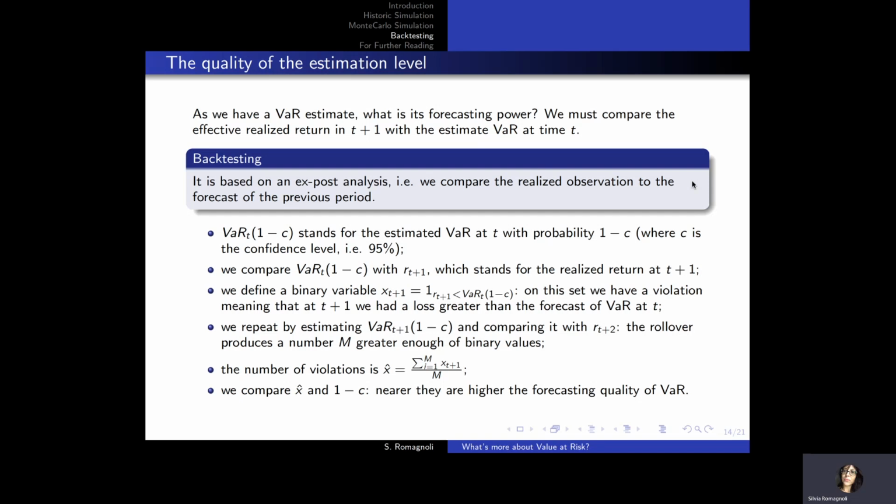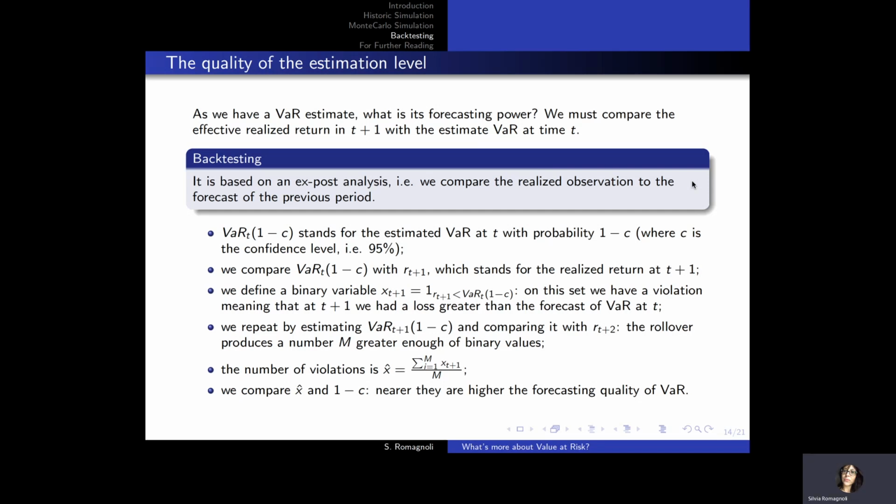We define then a binary variable. We note this binary variable as x at time t plus 1. This variable is said to be equal to an indicator function on a set which represents the returns lower than the VaR threshold.